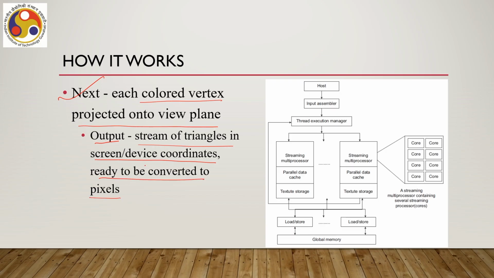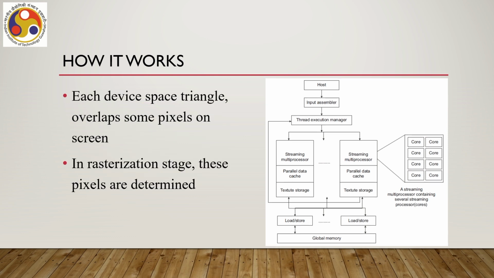So, this projection includes all three transformations: view transformation, projection transformation and viewport transformation, and the composite matrix is multiplied with vertices to get this final stream of triangles in the screen or device coordinates, which is a continuous coordinate space. Now, each device space triangle overlaps some pixels on the screen.